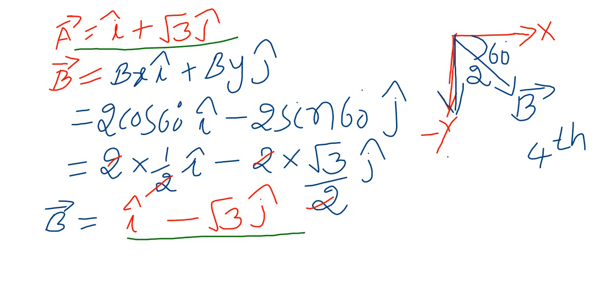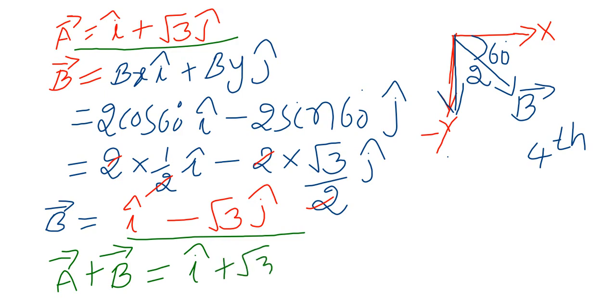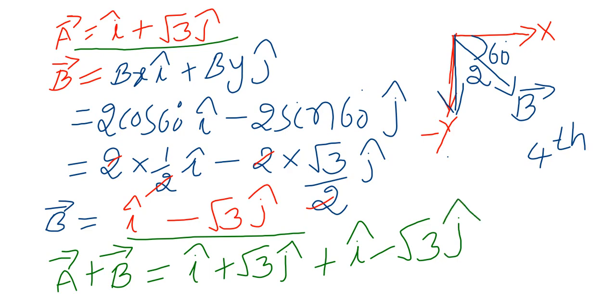So the problem asked us the value of a bar plus b bar. A bar plus b bar is i cap plus root 3 j cap plus i cap minus root 3 j cap. Root 3 j, root 3 is cancel. Remaining part is 2 i cap.